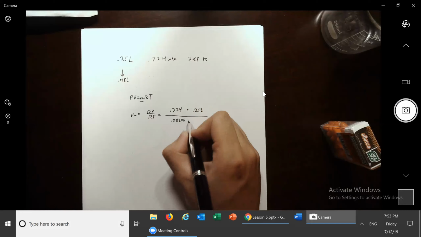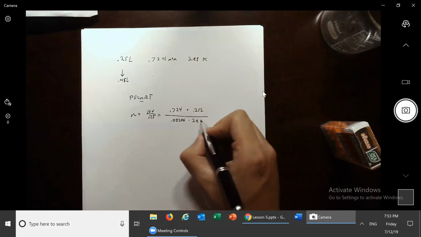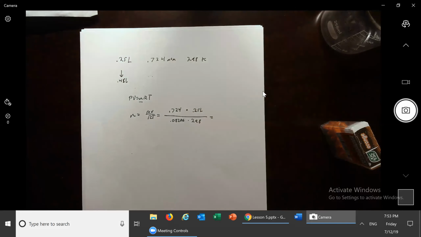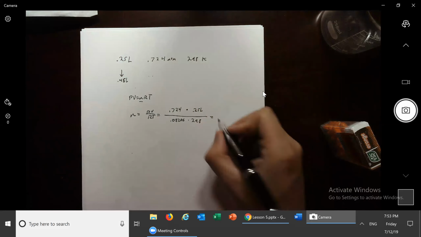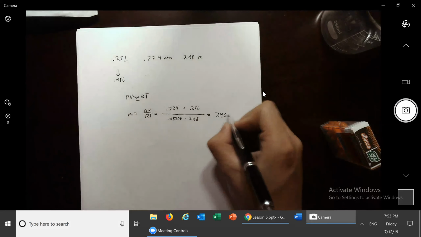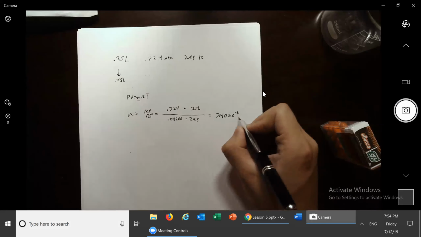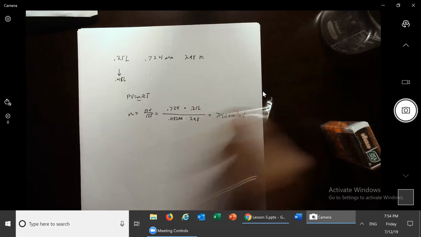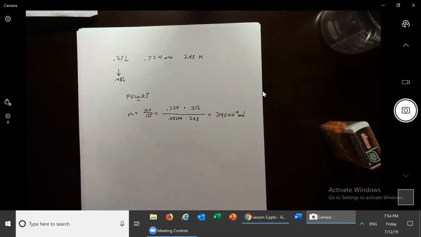And this equals... Okay, so that's how many moles we have. Now we have all 4 parameters, so we can change anything and we can calculate the new value.